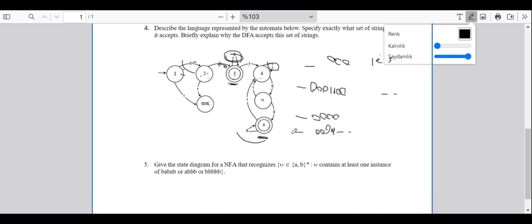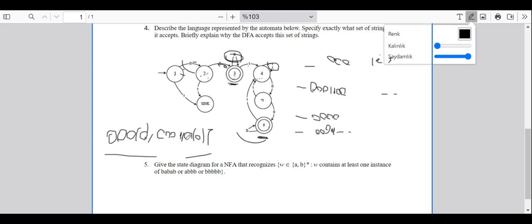Now, the accepted language L. The accepted language is 0, 0, 0, and 0, 0, 0, 1, 1, 0 and 0. This is our accepted language.